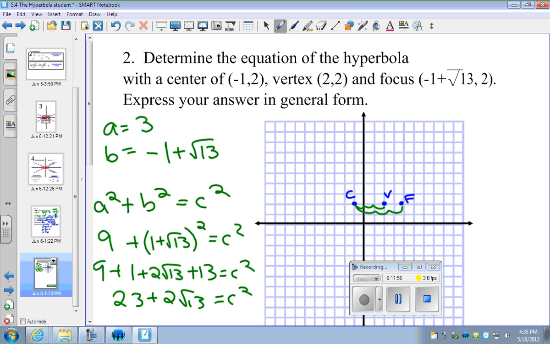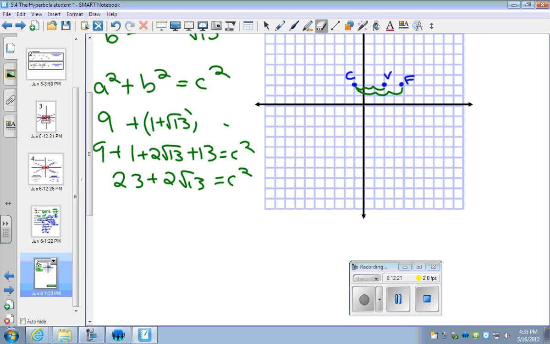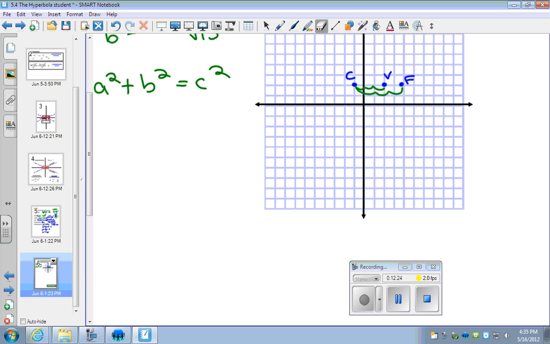I don't know, you know what, I did this problem before where I just made it root 13, and I'm going to just keep that as root 13. So the square root of 13 is 3.6. And I think I'm going to leave it as that. Okay, so I'm going to change my b value to root 13. That's what I had in my notes, and then this question somehow got written differently. Sorry about that.